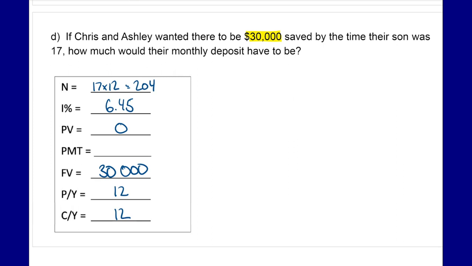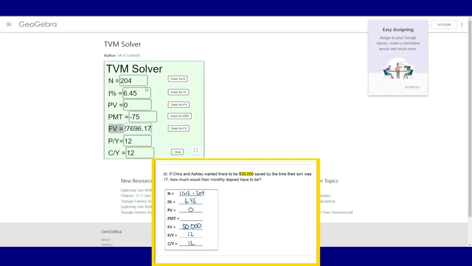Now we can go back to our TVM solver and solve for our PMT. It's all roughly going to stay the same, except we're going to put in 30,000 for FV. We solve for PMT, and we get negative $81.24. The negative, again, only means that we're depositing it. It's leaving us and going into the account.